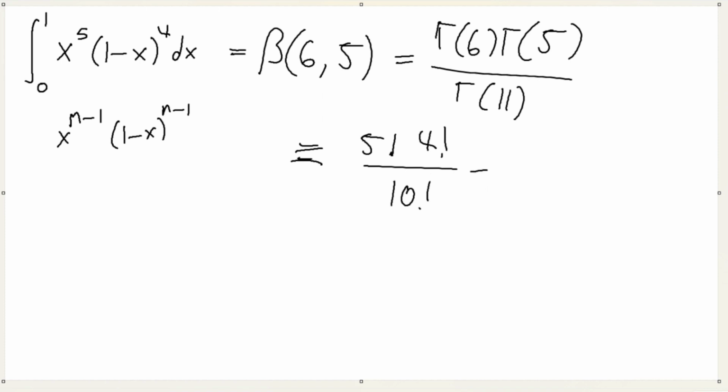In most integration bees, they won't allow you to have a calculator. So you'll get 4, 3, 2, 1. 5 factorial will cancel out with some of the terms in 10 factorial.